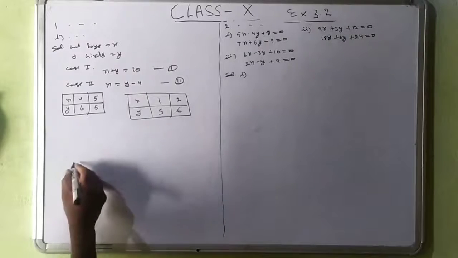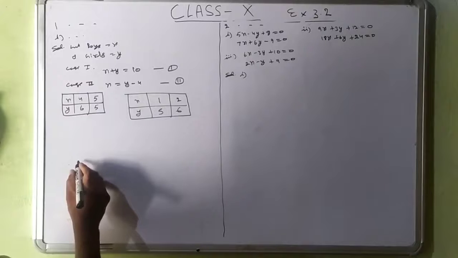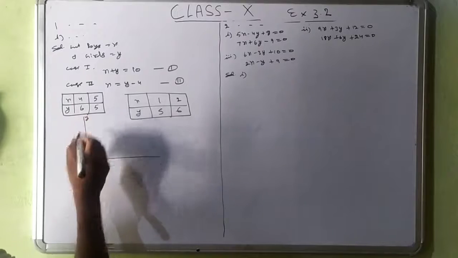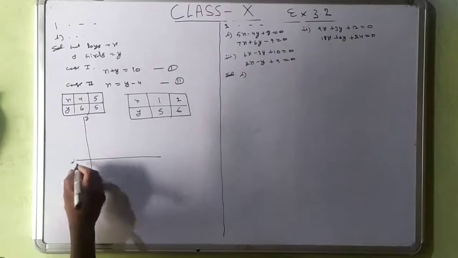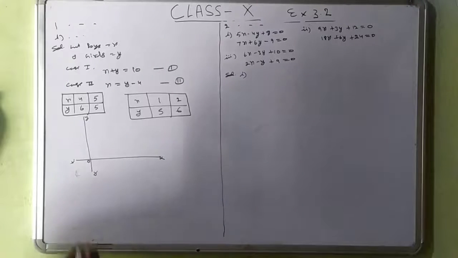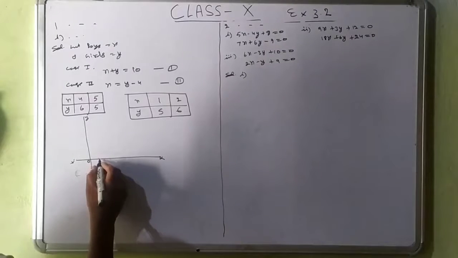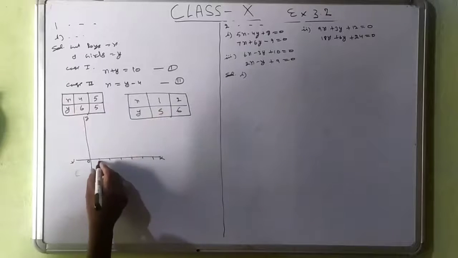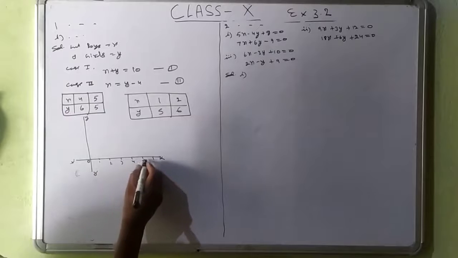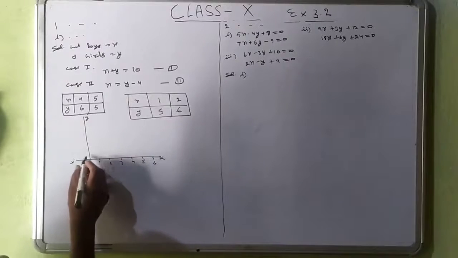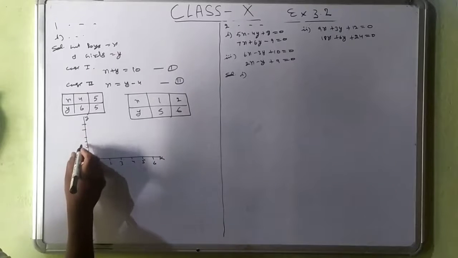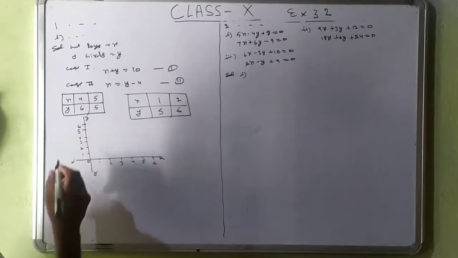Now graph. This is the y axis, this is the x axis, the origin point, that means 0, 1, 2, 3, 4, 5, 6, because the maximum is 6.